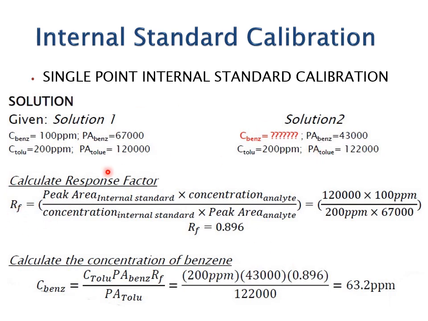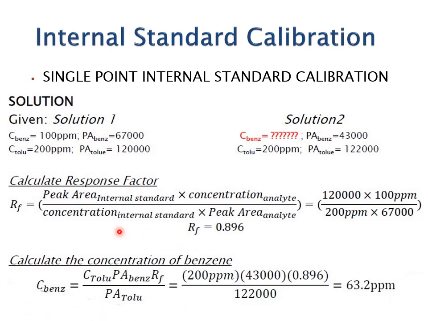So, substitute, peak area ng internal standard is 120,000 times concentration of analyte, which is benzene, 100 ppm, times concentration of internal standard, 200 ppm, times 67,000 na area ng analyte. So you will obtain an RF value of 0.896.